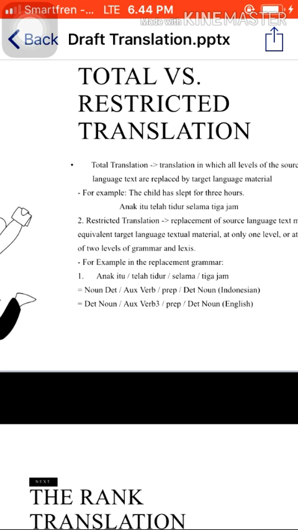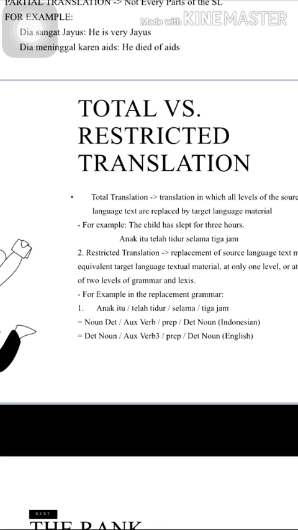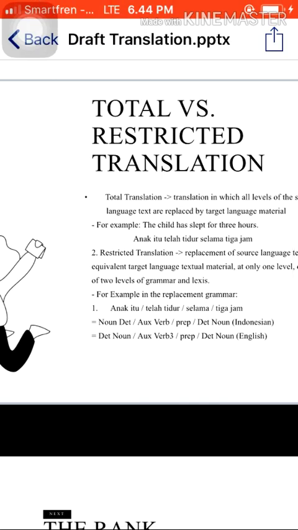But the translation in restricted translation is word by word, like anak itu, the child, telah tidur, has slept, selama 3 jam, for 3 hours. I think it's really different between total translation and restricted translation.